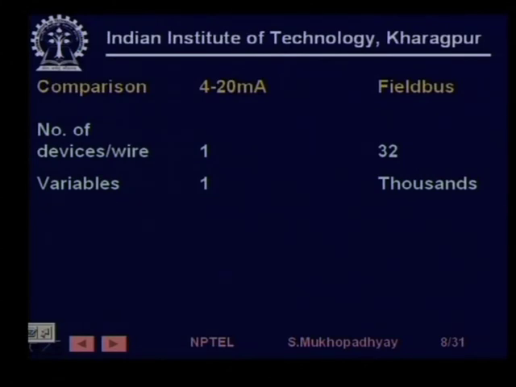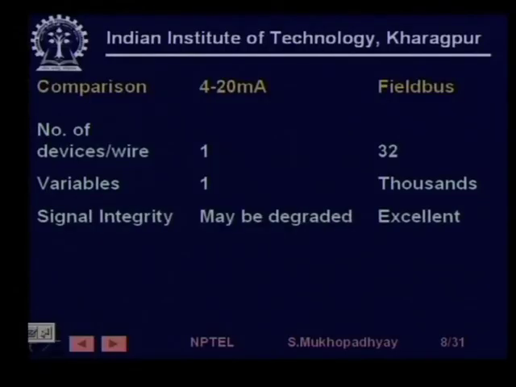Since you are sending a current, you can send only one variable at a time, because the data is continuous, all the time it is coming, while thousands of variables can be transmitted over the same pair of wires in the Fieldbus.